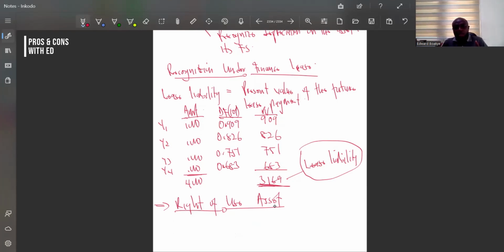If I give you an asset and you have to pay me 1,000 for 10 years, then if we add all together, that becomes the cost of the asset, isn't it? So the first thing that we think about is the lease liability. The cost of the asset, we are first going to get the lease liability.